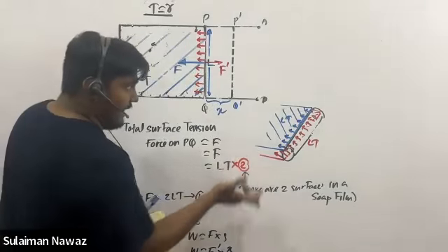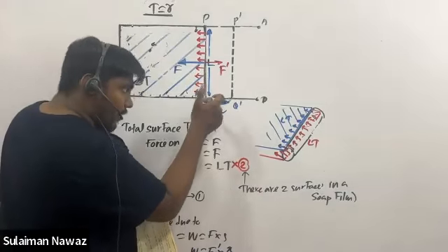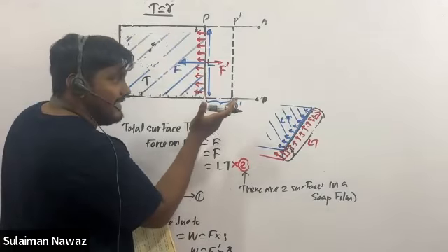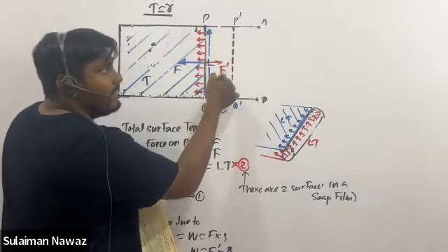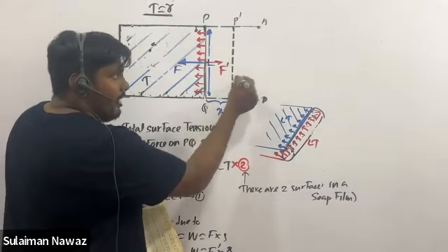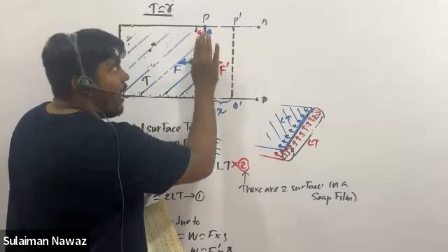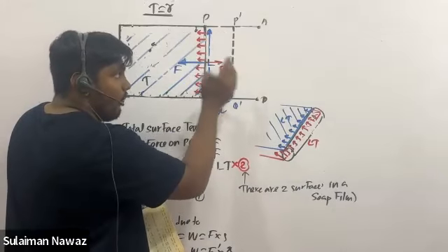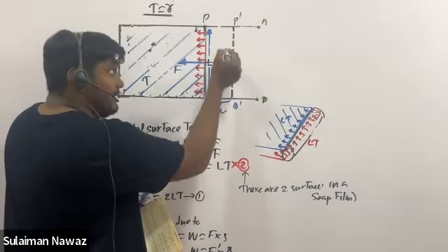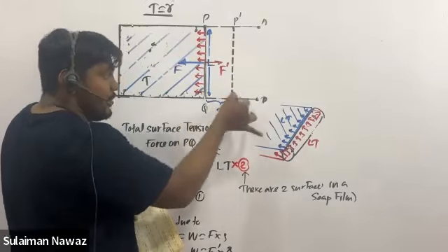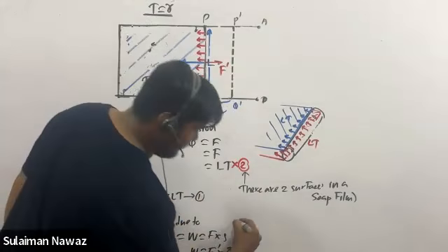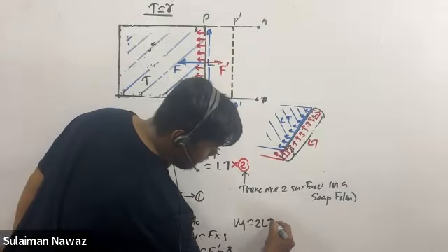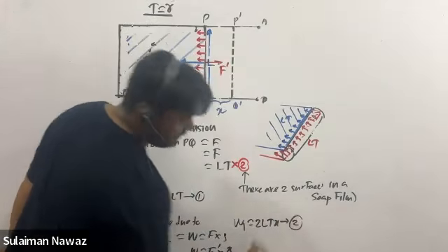And also we know that the work done is converted to increase the area of the surface. Then how do we find the work done required to increase the area? What is the increased area? Increased area will be L into X, right?